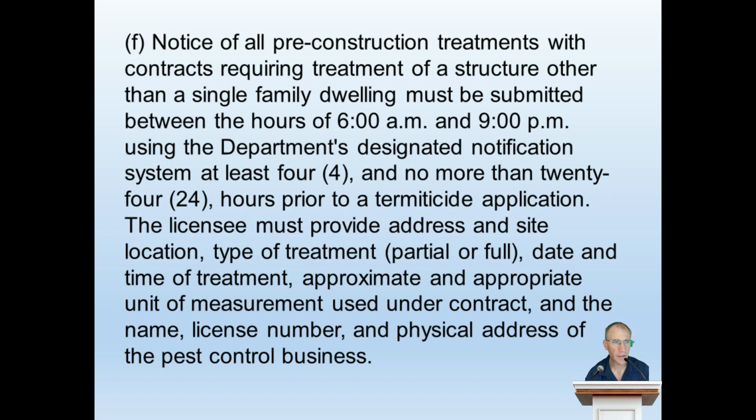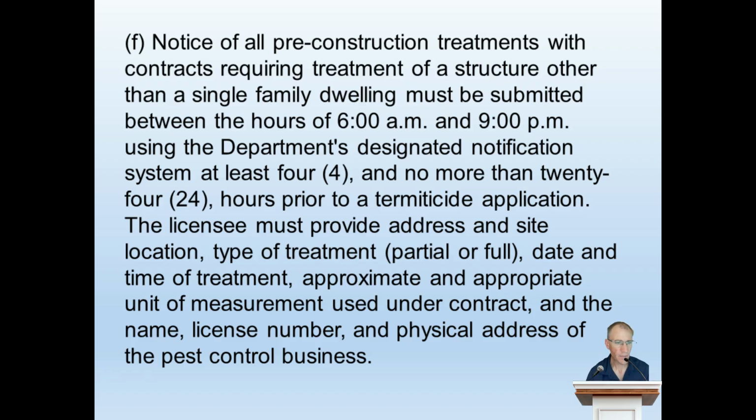F. Notice of all pre-construction treatments with contracts requiring treatment of a structure other than a single-family dwelling must be submitted between the hours of 6 a.m. and 9 p.m. using the department's designated notification system at least 4 and no more than 24 hours prior to a termiticide application.